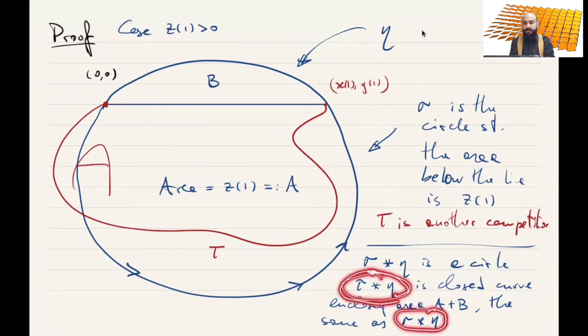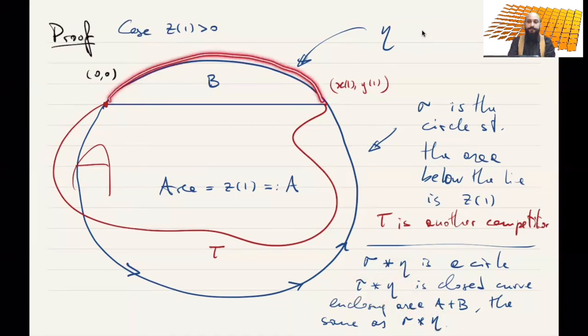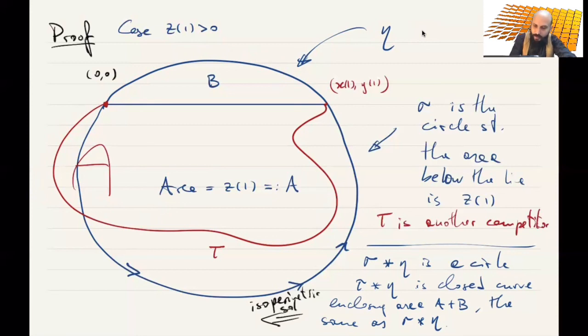By the solution of the isoperimetric problem, if tau followed by eta were a circle, it would coincide with another circle on some interval, and then it must be the same circle.